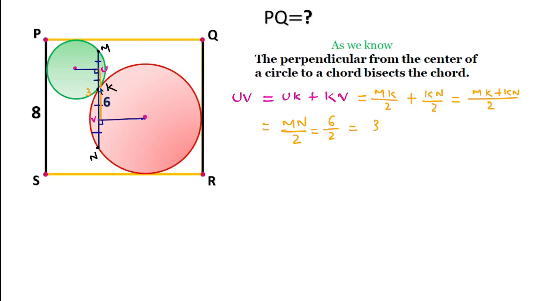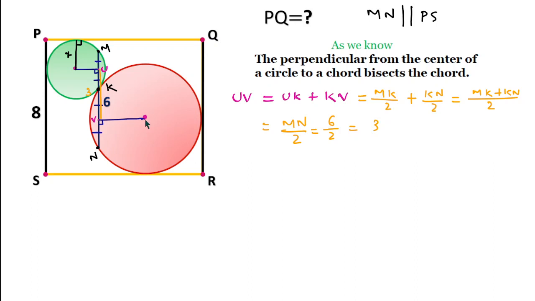Why I am finding this, you will see. According to the question, this MN is parallel to this PS. So we will write here MN is parallel to this PS. So now if we draw, then this will be the radius for this green circle, and here PQ is a tangent for this green circle, and we know the radius is always perpendicular to the tangent, so this will be perpendicular, and I will consider the radius for this green circle as x units.